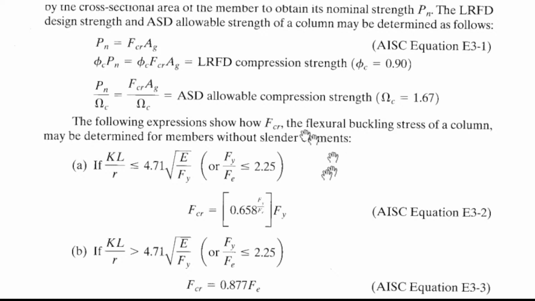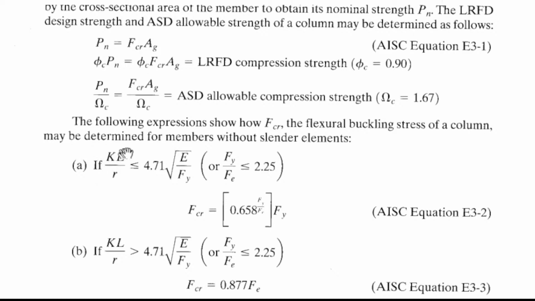Slender elements are usually long columns, so the easiest column to design is the long column. Within the intermediate column, we need several conditions.